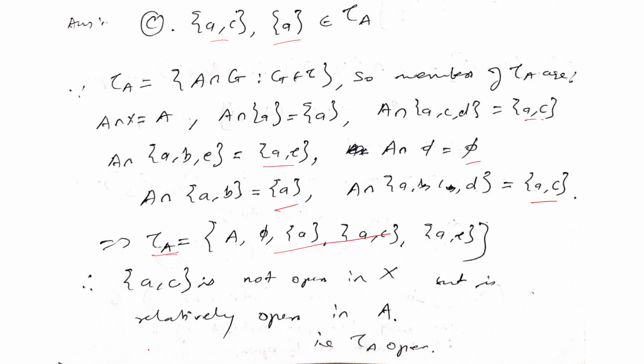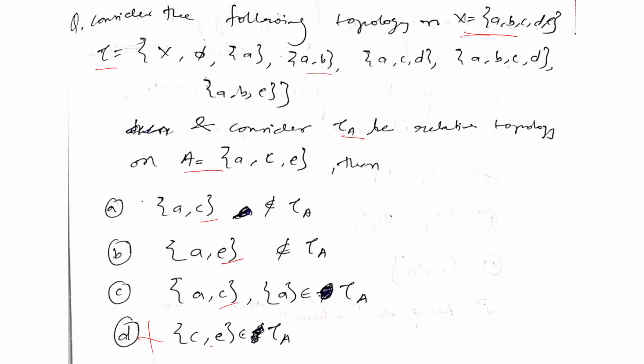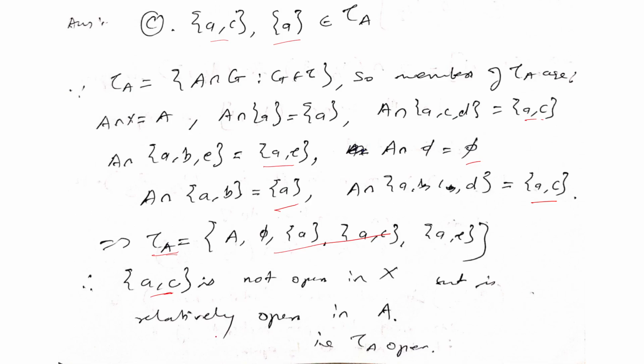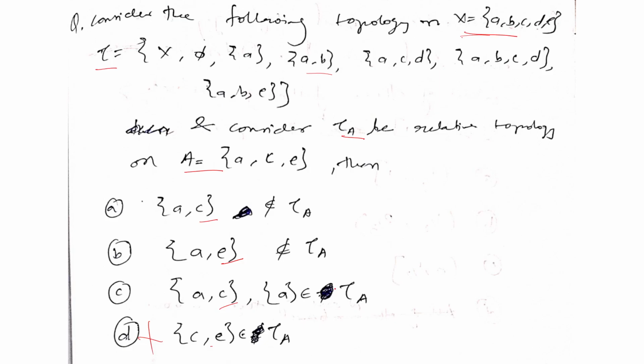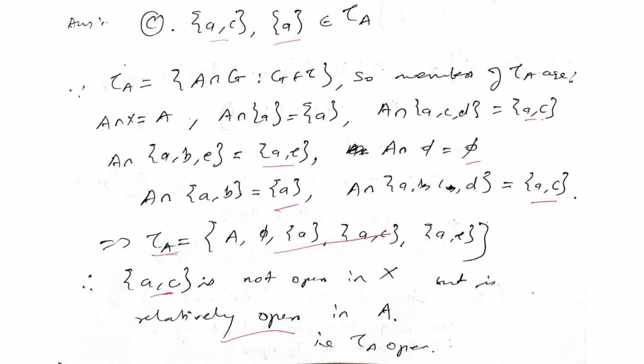Fine. One more thing you can observe here is that this set AC is not open in X. That is, it is not there in the topology on X. But it is open in the relative topology tau A. So you may get such sets which are not open in tau, but may be open in tau A. And the condition that its union should be there is not true; it is independently according to the intersections.